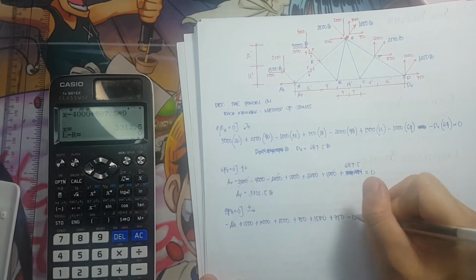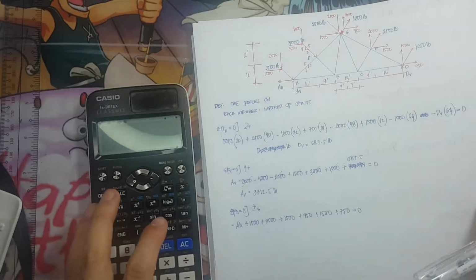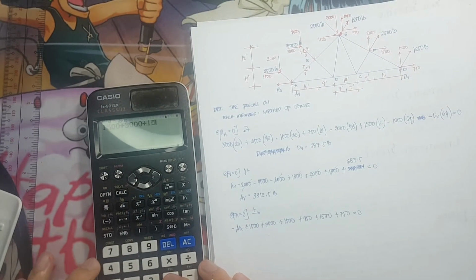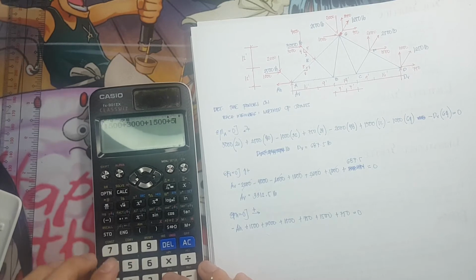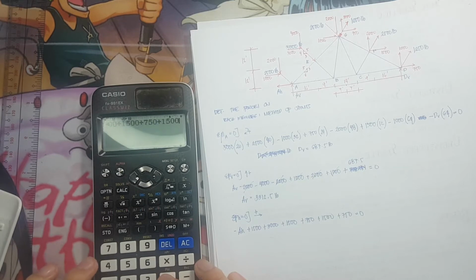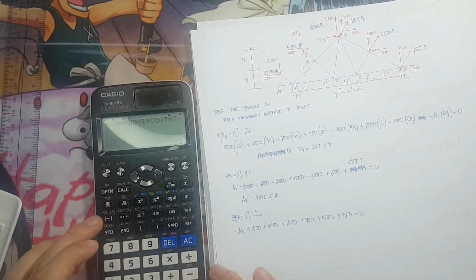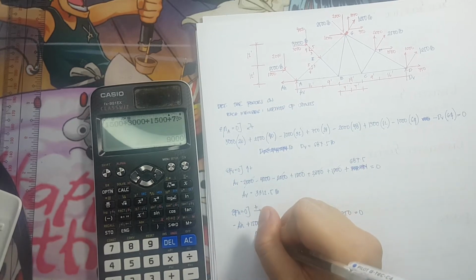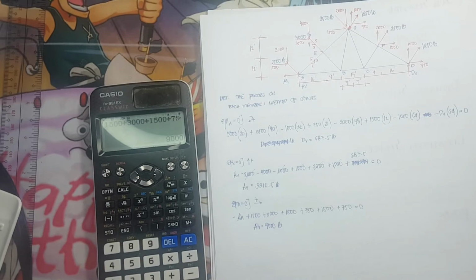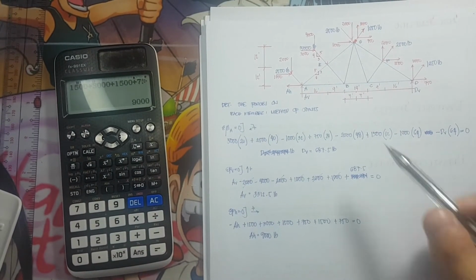Equate that to 0. A horizontal therefore is equivalent to 1,500 plus 3,000 plus 1,500 plus 750 plus 1,500 plus 750, which is equivalent to 9,000 pounds.